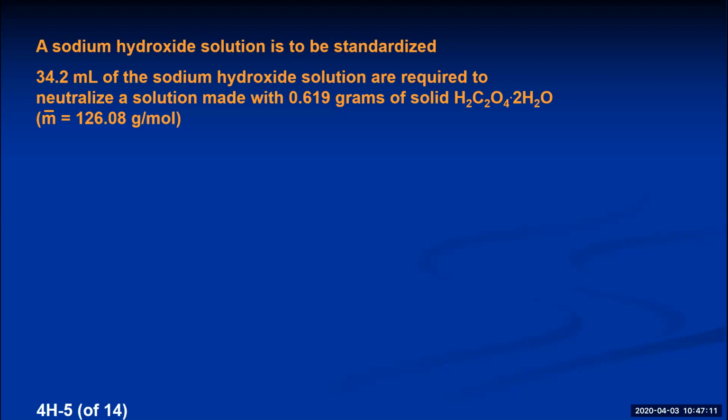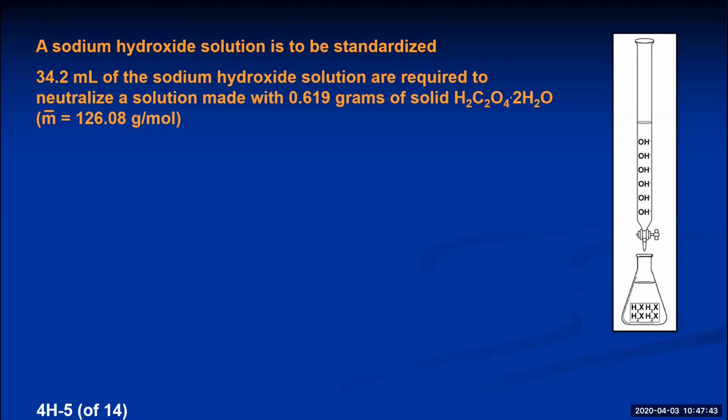So a way we might do this is we put some solid acid into a flask at the bottom, and it took 34.2 milliliters of the sodium hydroxide solution to neutralize a solution that we made with 0.619 grams of solid H2C2O4·2H2O. That compound is called oxalic acid dihydrate, whose molar mass happens to be 126.08 grams per mole.